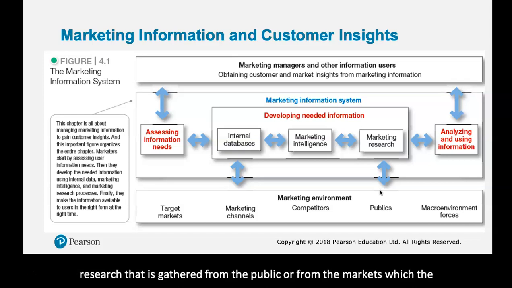And the company will assess what type of information they need and use all of these in order to get information and help them analyze and use that information. And they get this information from a variety of places, from target markets, marketing channels, competitors, the general public, and the macro environment forces that exist in the market for that particular company.